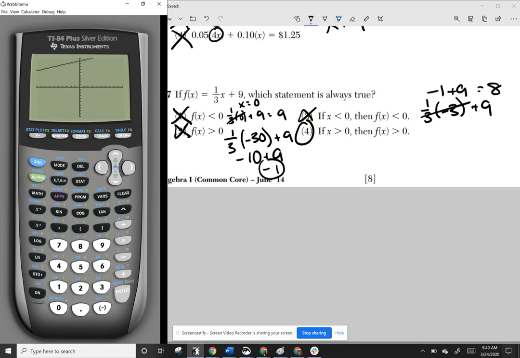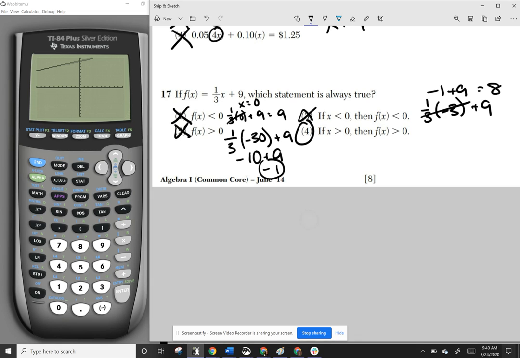And when x is greater than 0, we're in the first quadrant, to the right. And in this area, it is always above the x-axis, so yeah, it's always going to be positive. Our answer choice is 4.